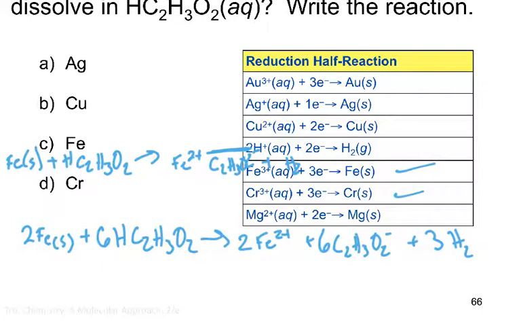Then the one for chromium, again, you're going to have to balance it. If you want to review on how to do that, you can go back a couple lectures. Chromium plus, again, 6, because we're transferring 3 electrons in both of these cases.